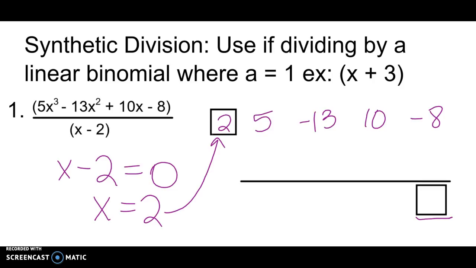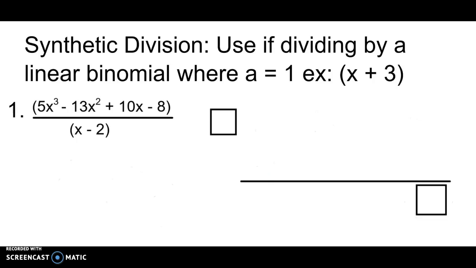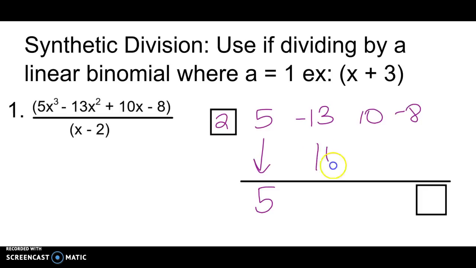So our first step is to bring down the first term. You're always going to bring down that first one. Write down 5. 2 times 5 is 10.